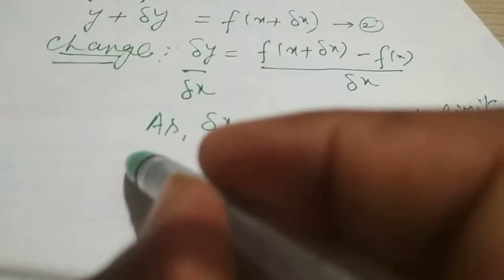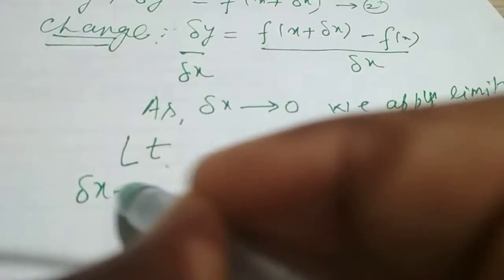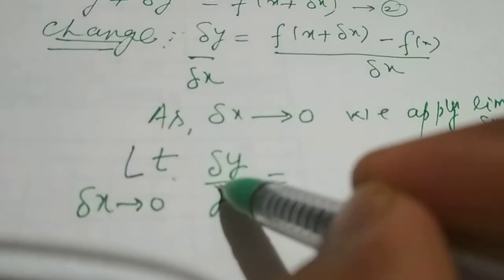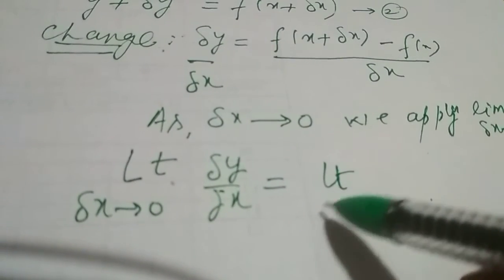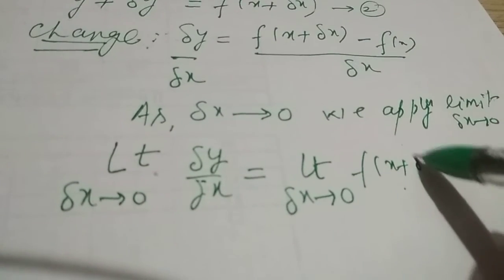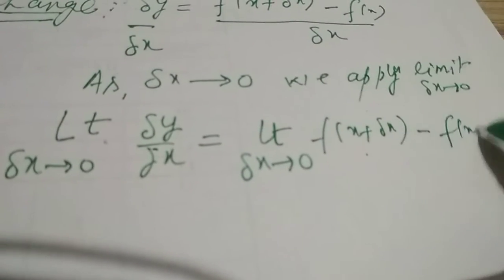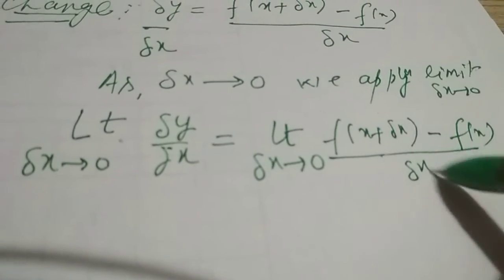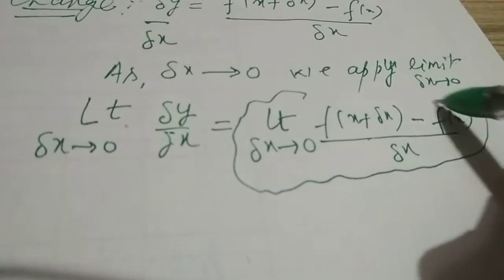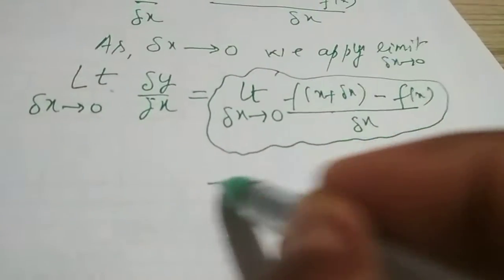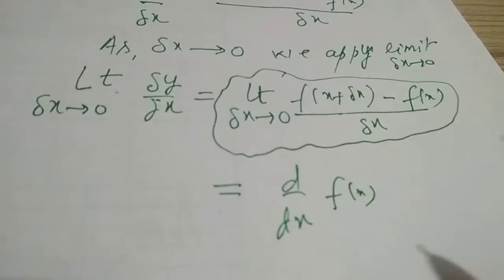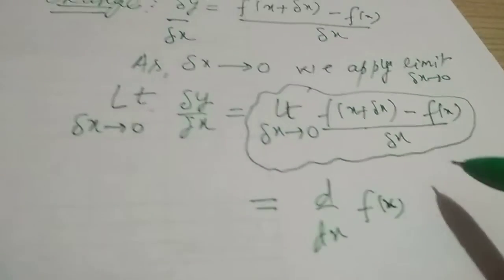Then we'll get like this: limit delta x tends to 0, delta y by delta x is equal to limit f of x plus delta x minus f of x upon delta x. This quantity under such limiting situation is called as derivative of f of x.